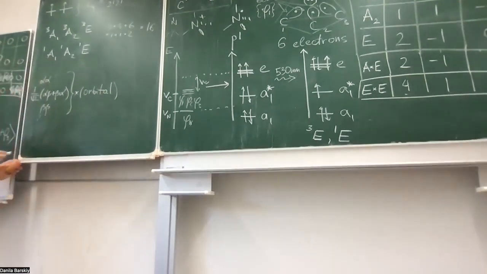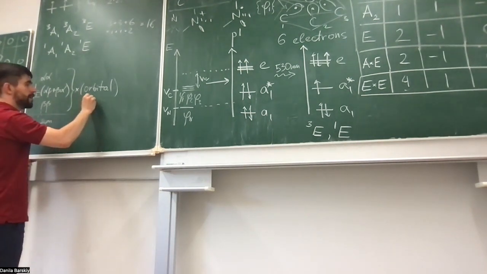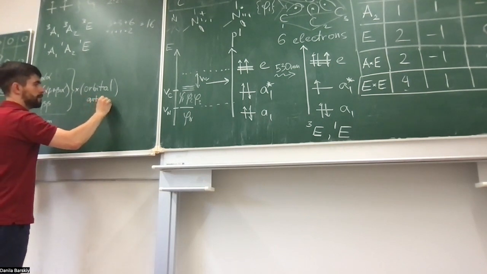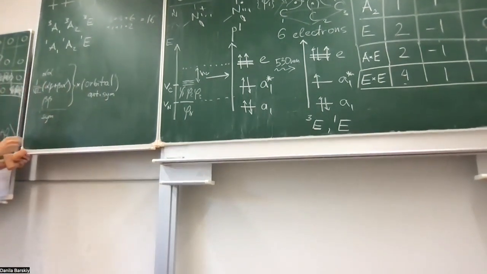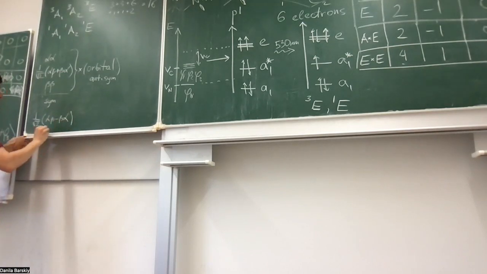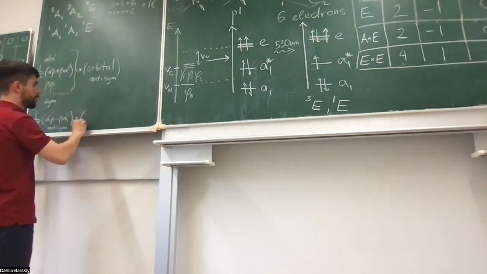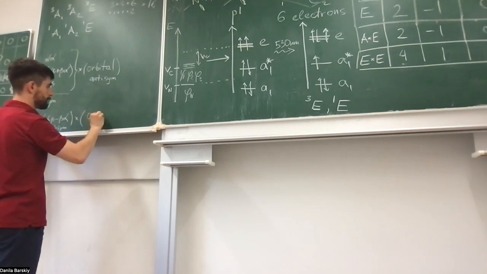And according to the Pauli principle, if your spin is a triplet state, this is symmetric with respect to permutation of two particles, so the orbital part has to be antisymmetric. And vice versa, if we have a singlet, which is antisymmetric, that should multiply with the orbital part, which is symmetric.